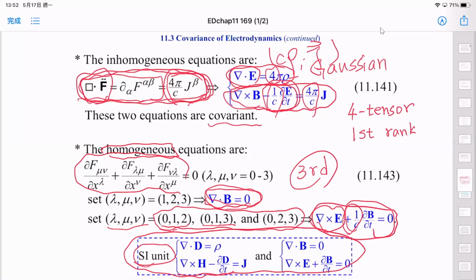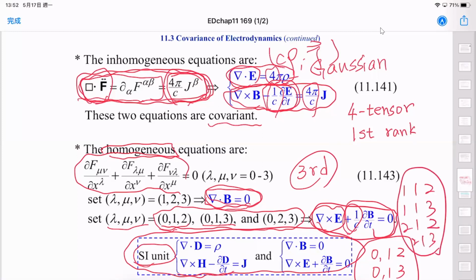Okay, so 0, 1, 2, 0, 1, 3, 0, 2, 3. No more. We got this one. How about 1, 1, 2, 1, 1, 3, 2, 1, 2, 2, 1, 3, and see what will happen. Write it down by yourself, and you will have a better understanding.